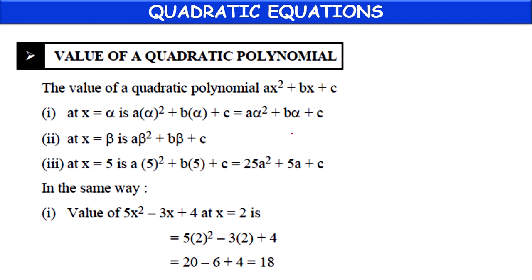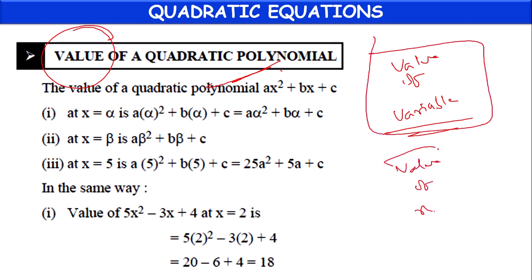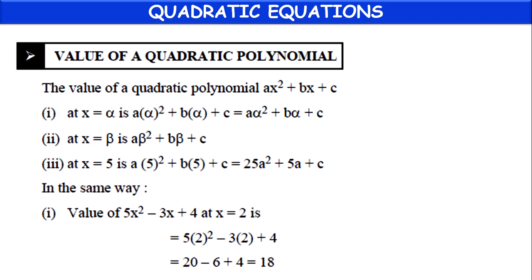Here, children, we are finding the value of the polynomial, not the value of the variable. Value of variable means value of x, or solving a quadratic polynomial. That concept is different, children. Here we are finding the value of a quadratic polynomial when the variable equals a certain value. Then what is the value of the polynomial? That we are learning here.